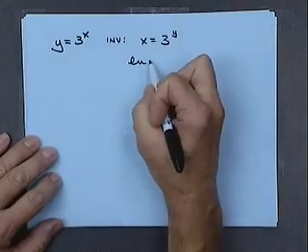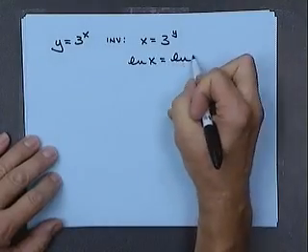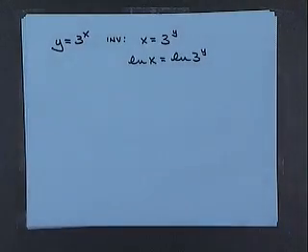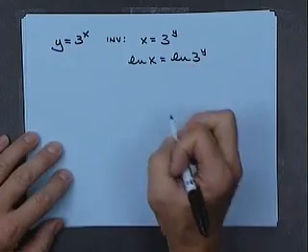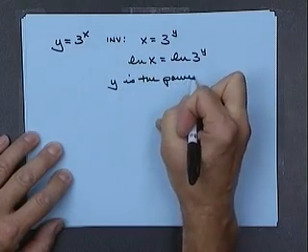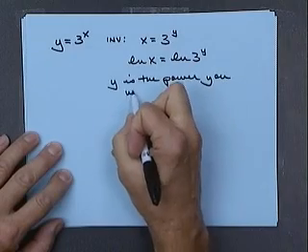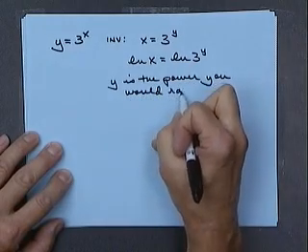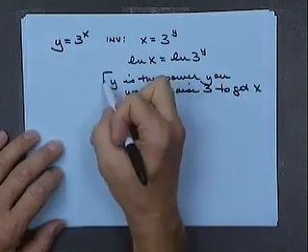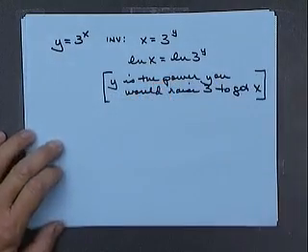So if we were to take the natural log of both sides, or you can just think through it. You might choose to do that. What is y? y is the power that you would raise 3 to get x. Maybe that'll work. In fact, let me write that down. y is the power that you would raise 3 to get x. Let's take that approach this time.